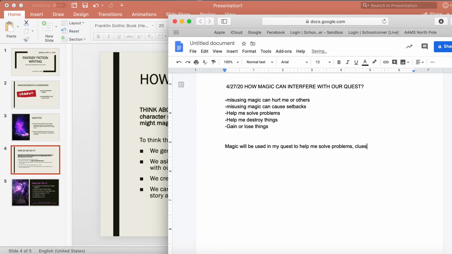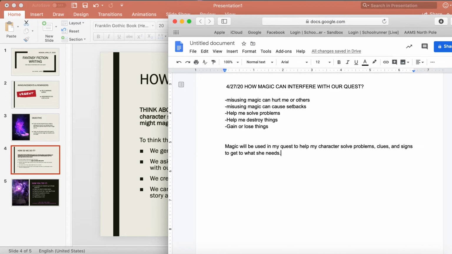Or clues, because remember, if you recall back, I said that she received a message from the tiger. So clues, it will be used to help my character keep his story centered, help my character solve problems, clues, and signs to get to what she needs. And so this is how we go through these steps, and this is how we come up with how magic can be used.